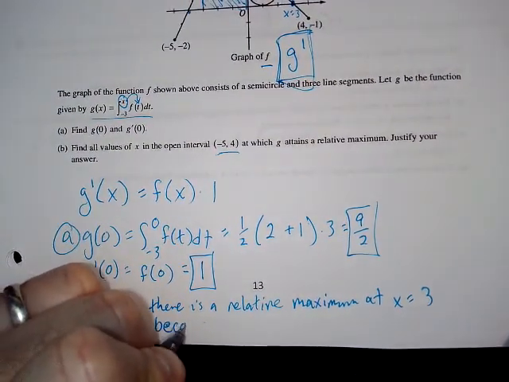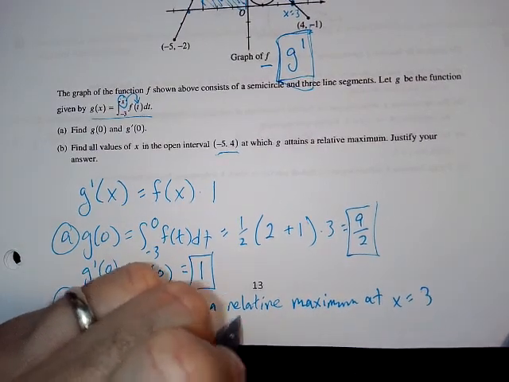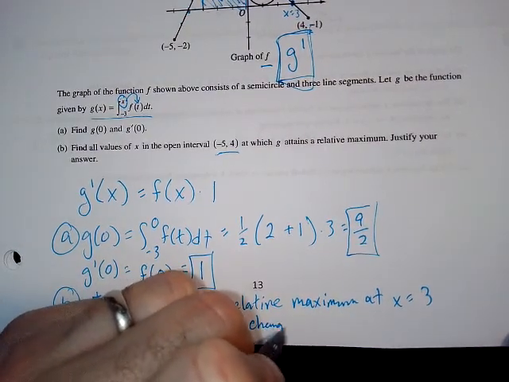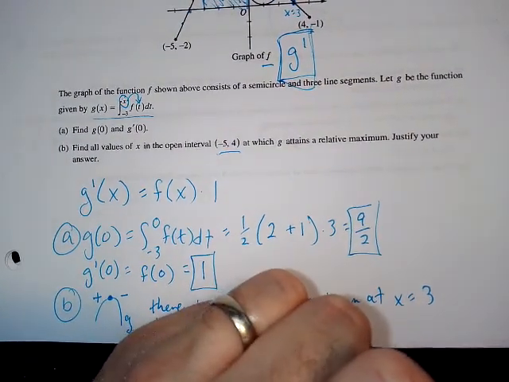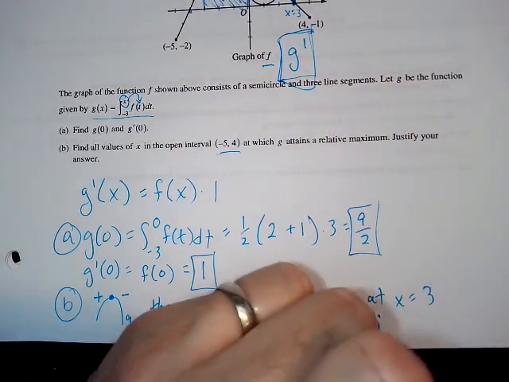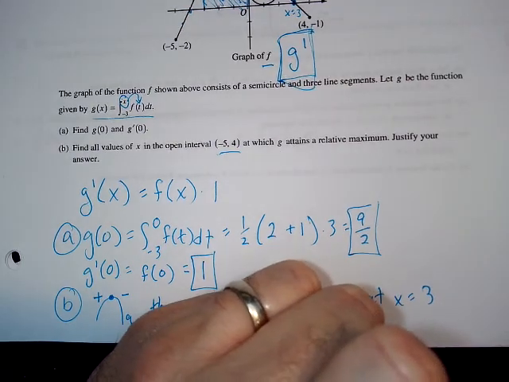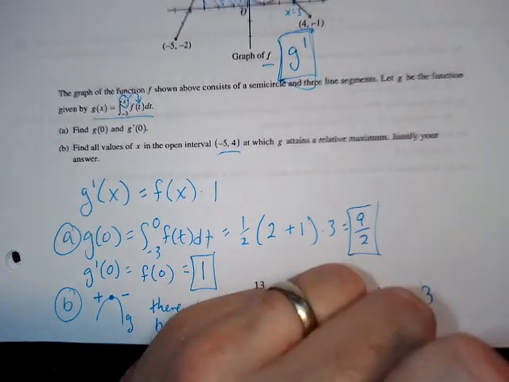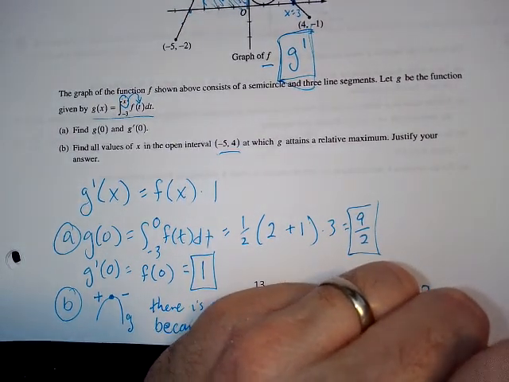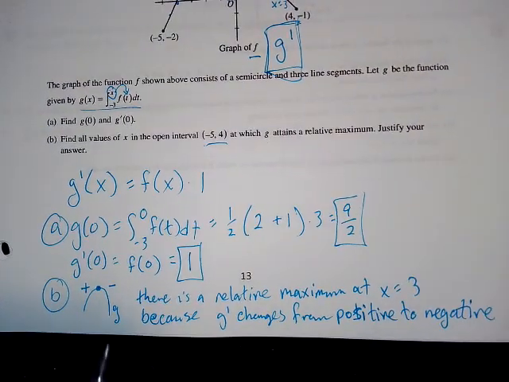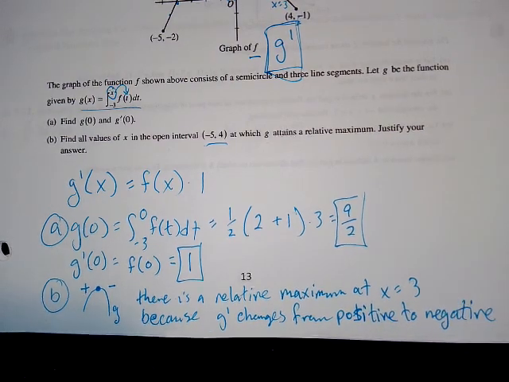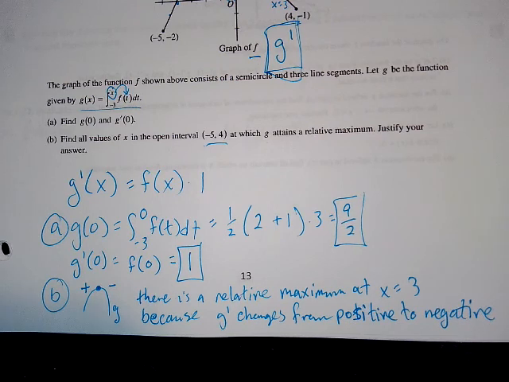Because g prime changes from positive to negative. All right, so that's it. There's a relative maximum at x equals 3 because g prime changes from positive to negative. And so that is number 6.